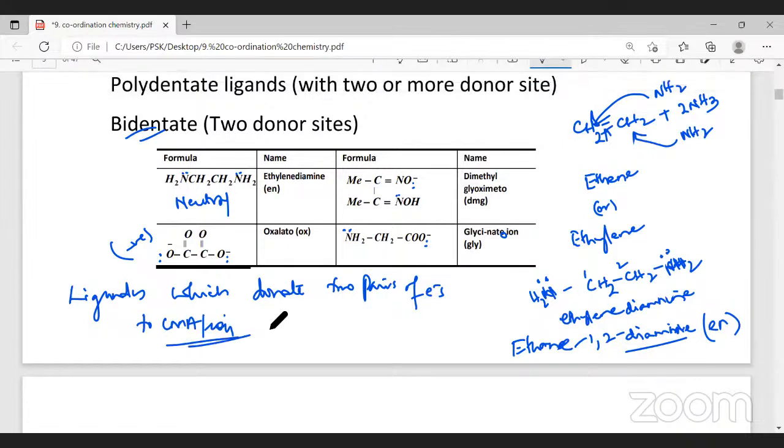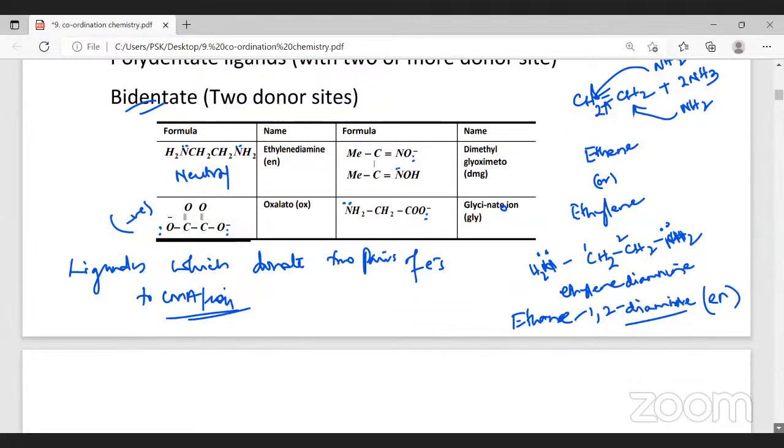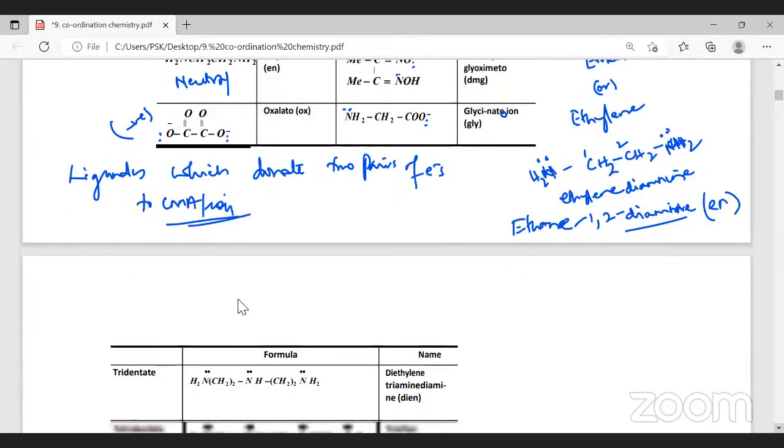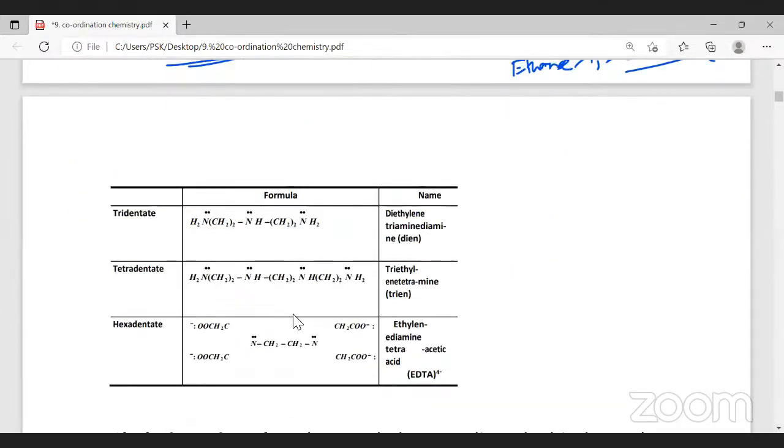Did you understand what a bidentate ligand is? Coming to the tridentate ligand, with three pairs of electron donors, and the tetradentate ligand, with four pairs, and the hexadentate ligand, with six pairs of electron donors. All that we will learn in a few minutes.